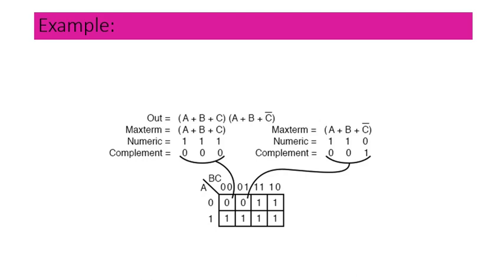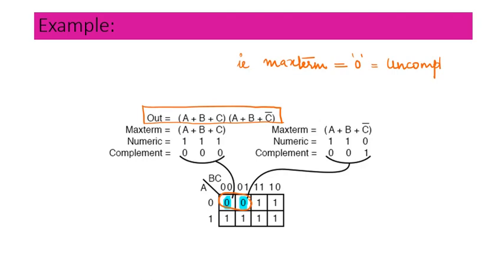As an example, you can see a 3-variable Karnaugh map that is represented as ABC, and I have mapped the terms corresponding to decimal notation 0 and 1. Separately you can see the representation for the max term corresponding to decimal notation 0 and decimal notation 1.